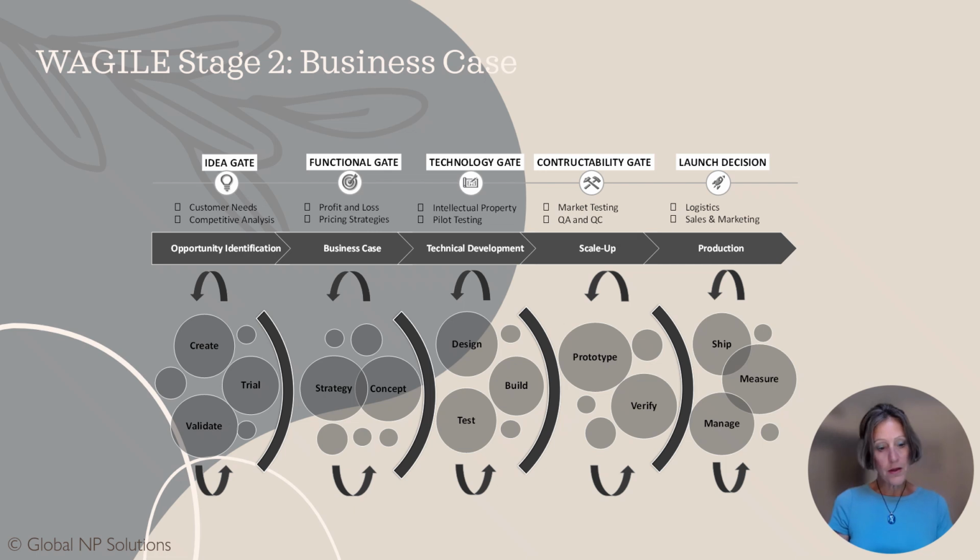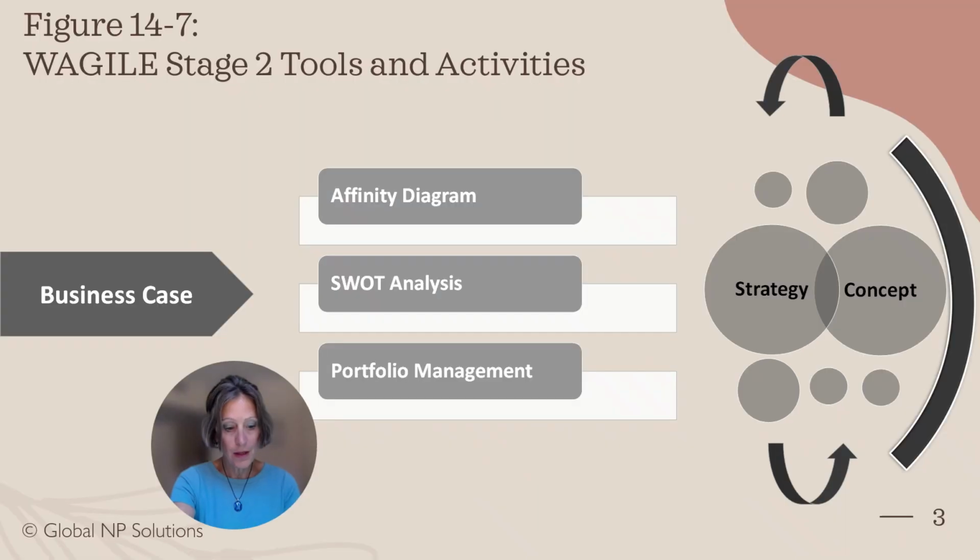Along with verifying the opportunity, stage 2 activities typically involve narrowing the list of opportunities to just a couple that are attractive to the organization from a market, technical, and financial perspective. Key tools and activities for building the business case for a new product project are shown in figure 14-7.